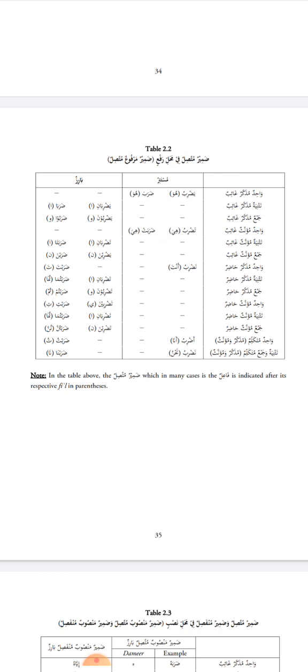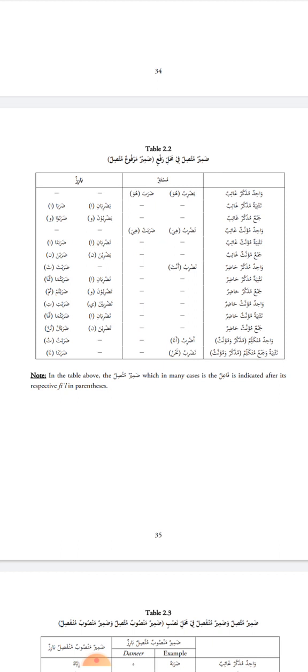Look at this siga. We're looking in the middle row. Dhamir mustatir. Tadribu, hiya. Which siga is this? Yadribu, yadribani, yadribuna, tadribu. This is siga wahid mu'annath ghaib, third person singular feminine. Inside this siga, hiya is also hidden. It's mustatir.